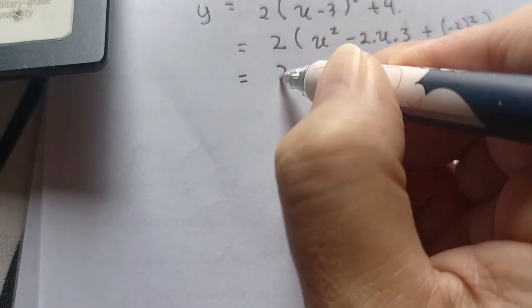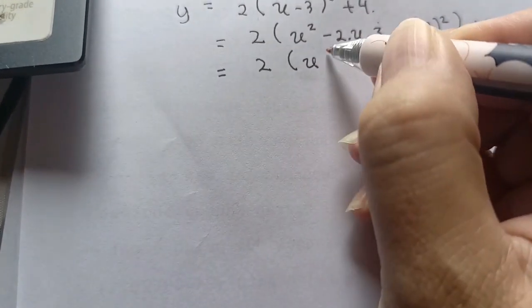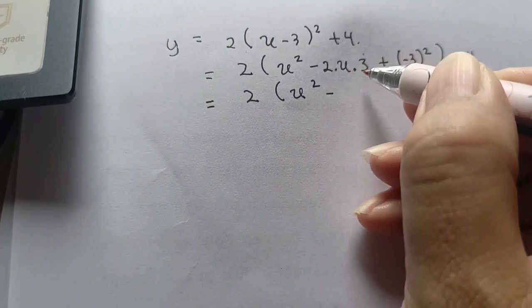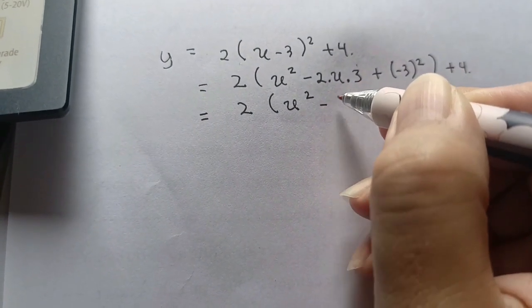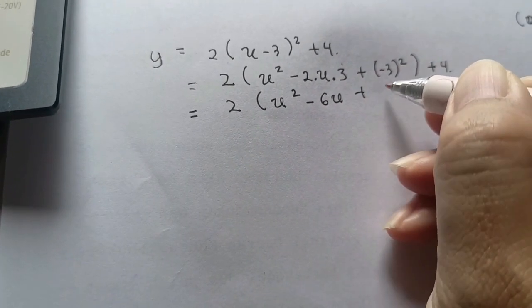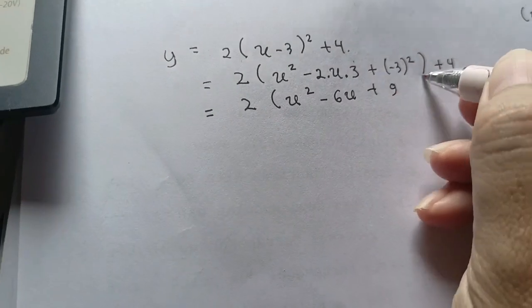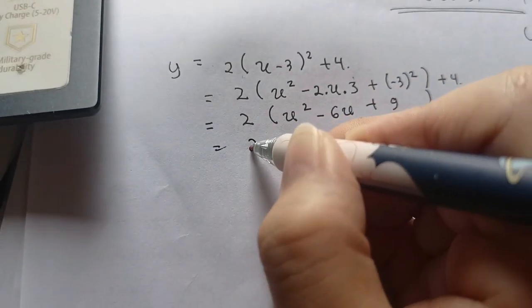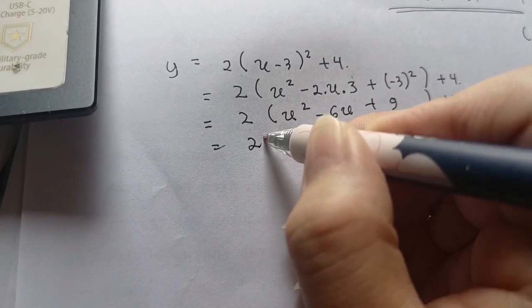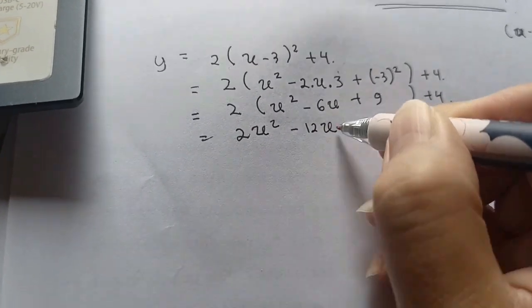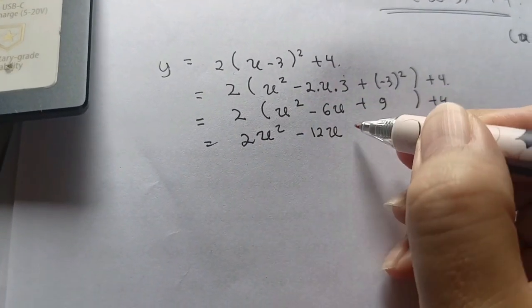So this will become 2 in the bracket x quadrat minus 2 multiply x multiply 3 is 6, right? 6x plus this is 9 in the bracket plus 4, equal to multiply x is 2x quadrat minus 12x, this is multiply, right?